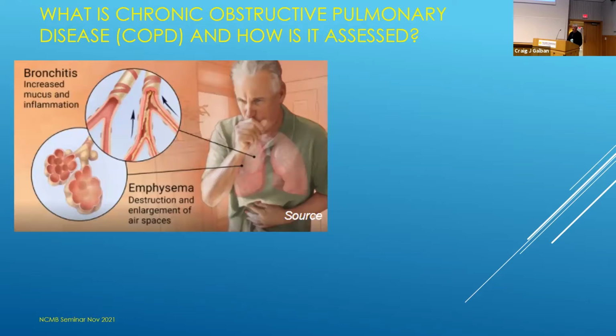So what is chronic obstructive pulmonary disease and how is it assessed? Meaning, how do doctors diagnose it? Well, COPD is an umbrella name for a variety of different subsets of diseases. And the primary cause is the inhalation of some sort of insult that causes an inflammatory reaction in the lungs. The two main ones I'm referring to now are bronchitis and emphysema. In the case of bronchitis, the airway walls become inflamed.